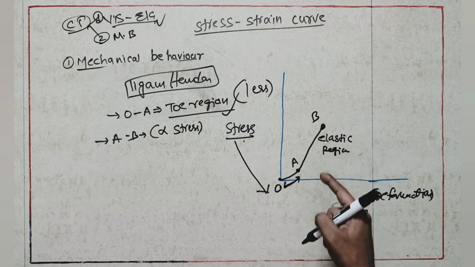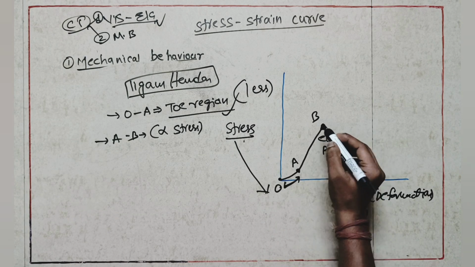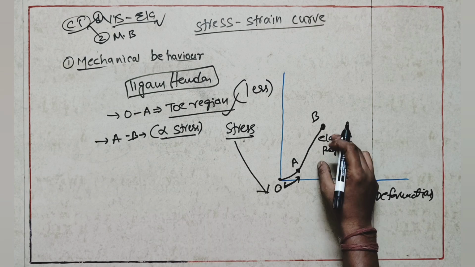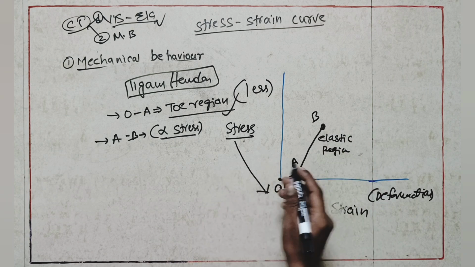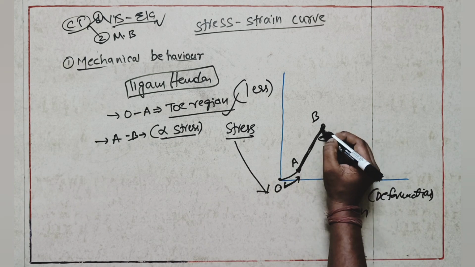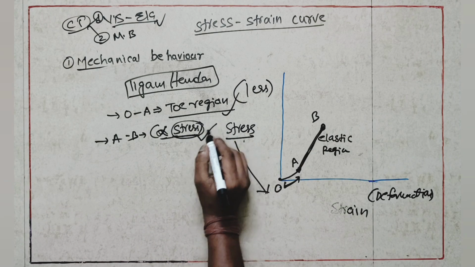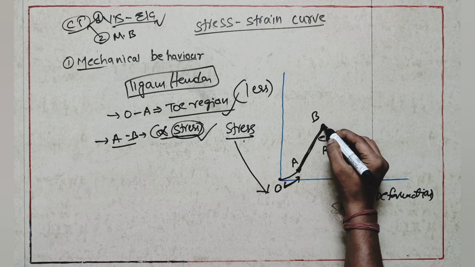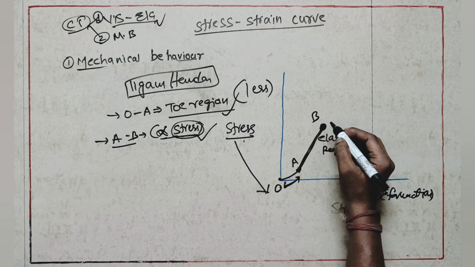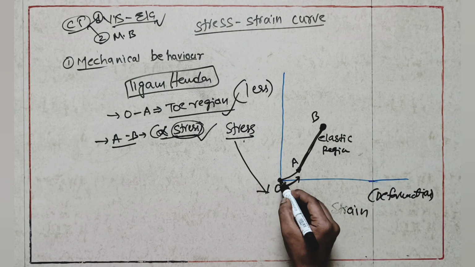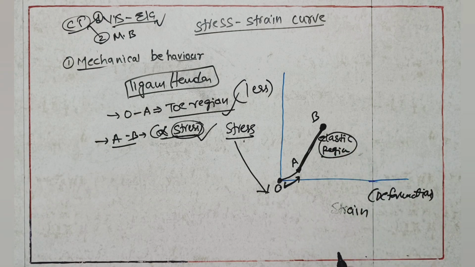In this elastic range A to B, this straight line is directly proportional to the strain. If we give more strain, the tissue will elongate. After removing the load, the tissue can come back to its original position, so that is the elastic region.